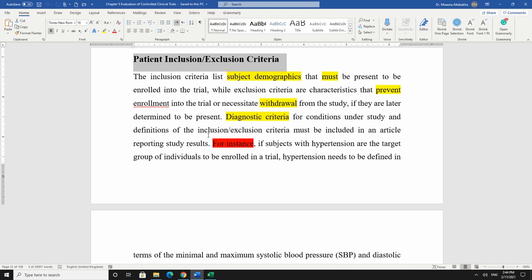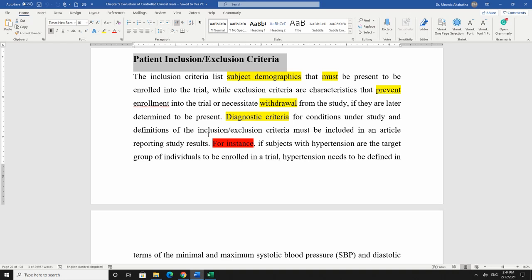Now you need to be aware that when you list these criteria before recruitment, they have to be clear. Let us say that we have a drug that is used in the management of hypertension, and I need people that are hypertensive.